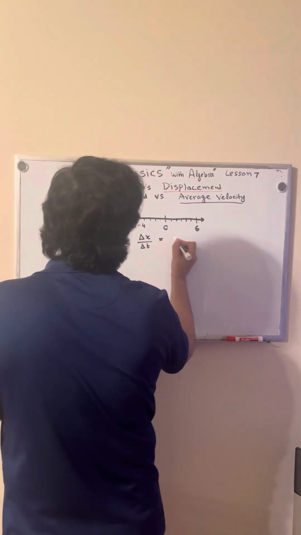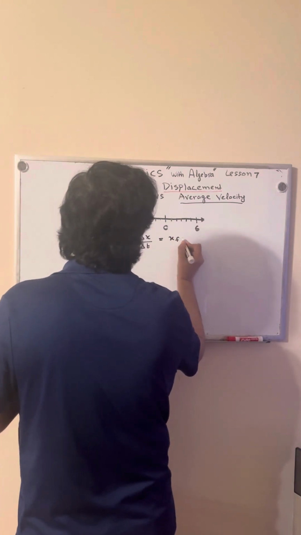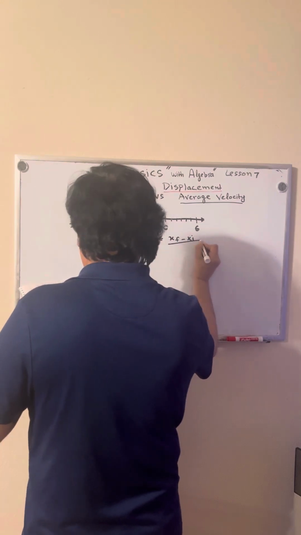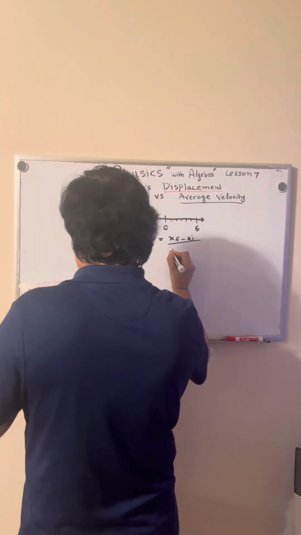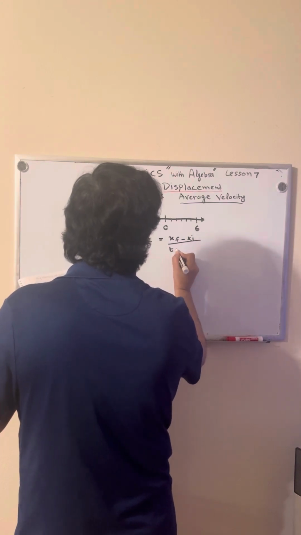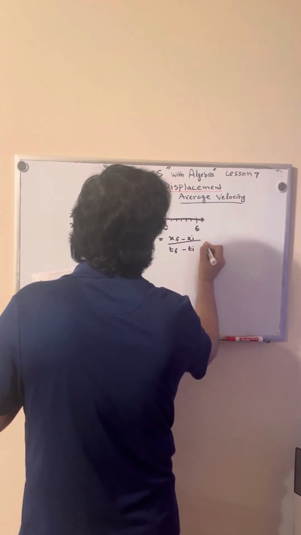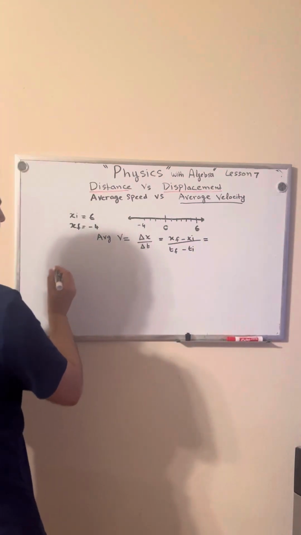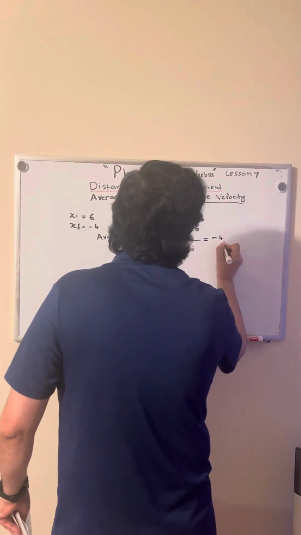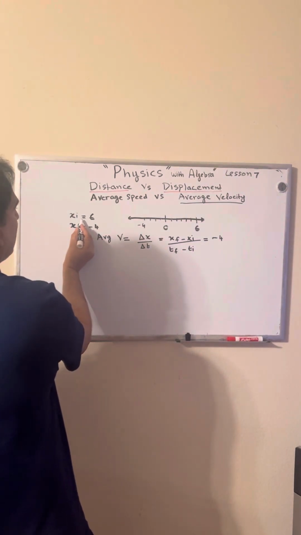Delta x is your final xf minus xi, over delta t, which is t final minus t initial. So what is my xf given? xf is given -4, all right, and then xi, initial, is given 6.